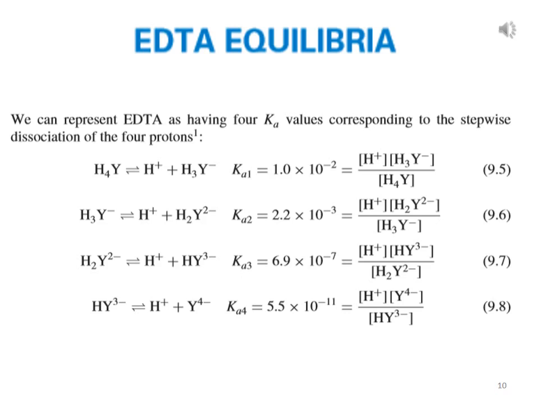So when we want to predict the completeness of a reaction like complexation, then we need to count all equilibria that are involved in metal and ligand complexation or formation.